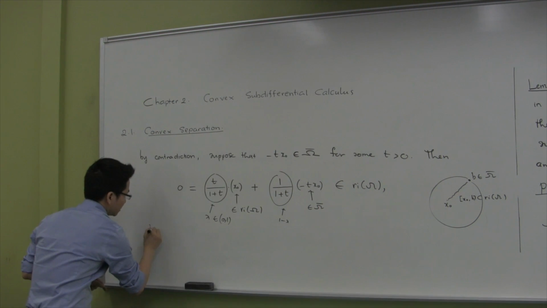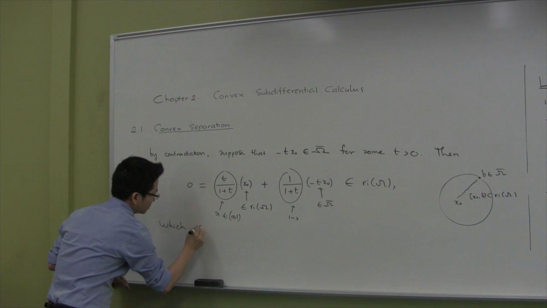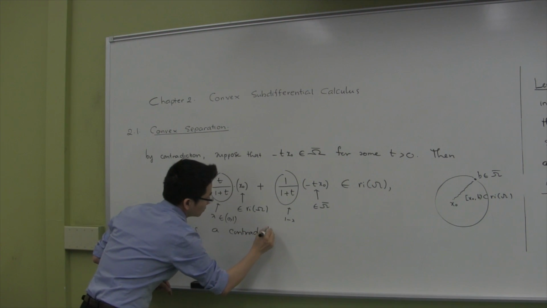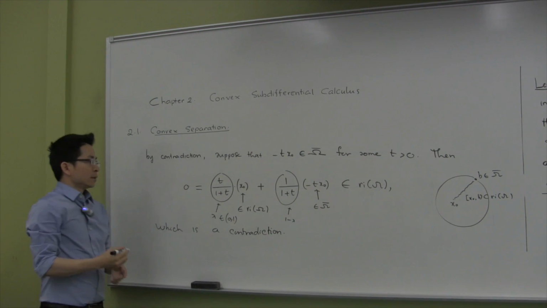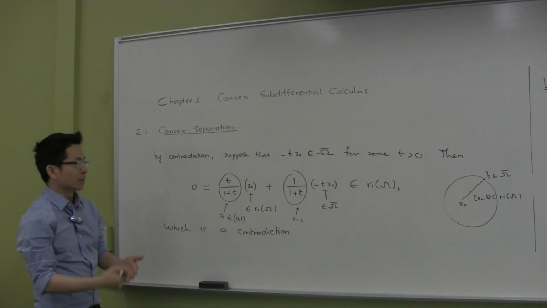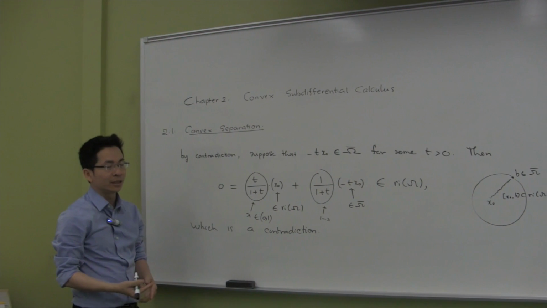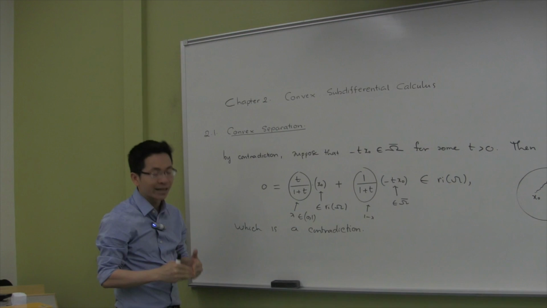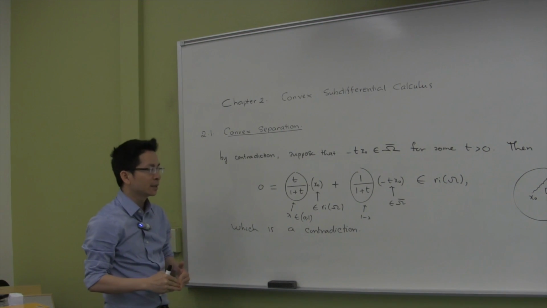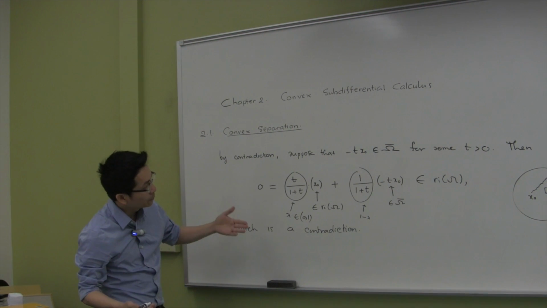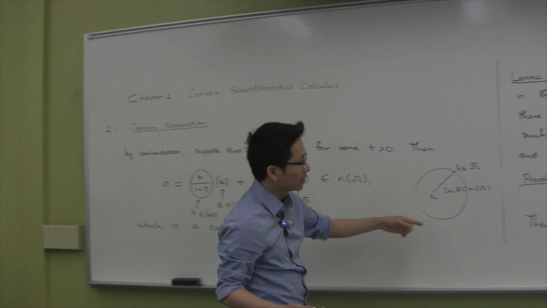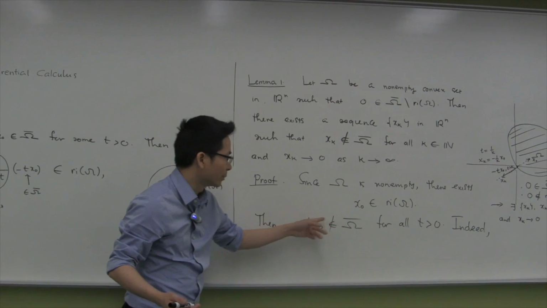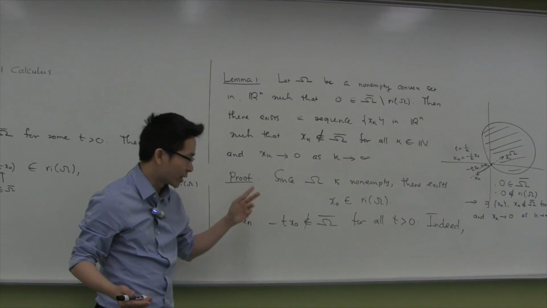But this is a contradiction, because by the assumption 0 doesn't belong to the relative interior of omega. So now we have proved that minus t x0 doesn't belong to the closure of omega for any t greater than 0.